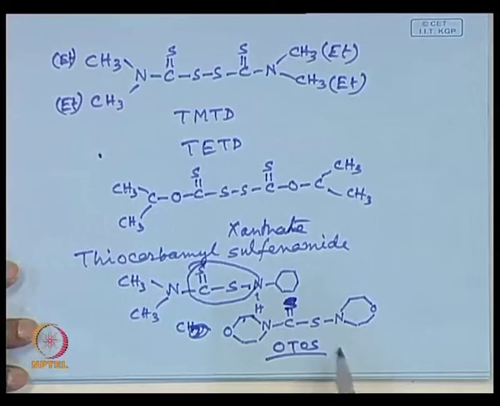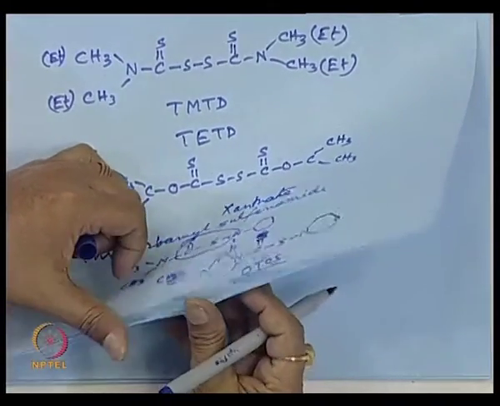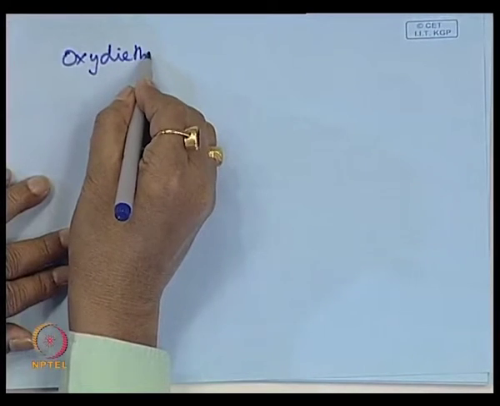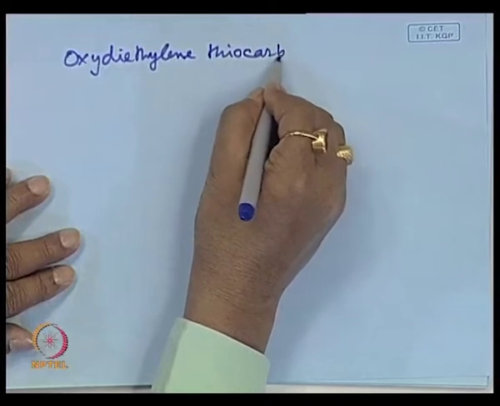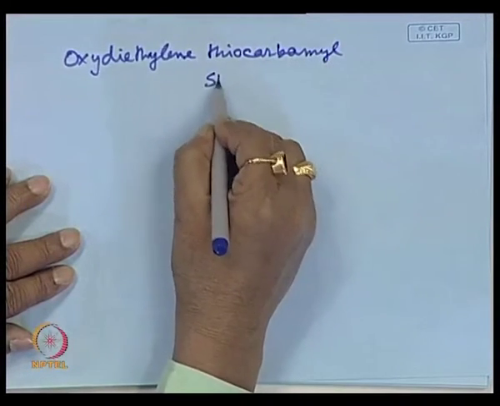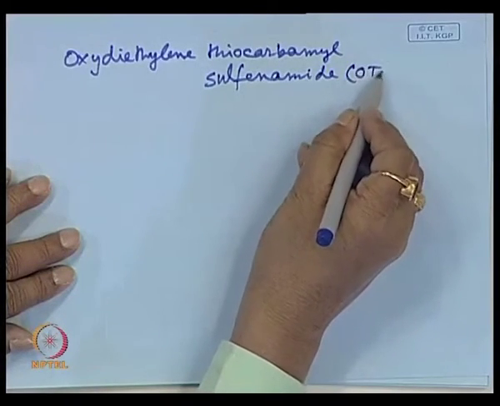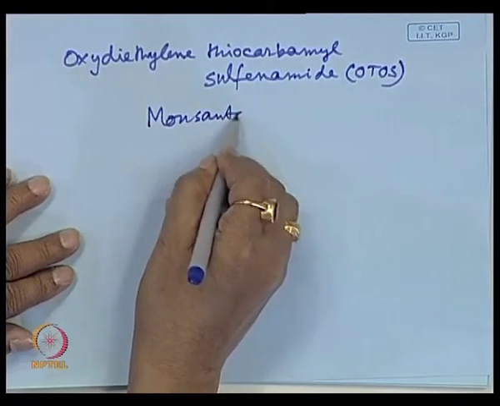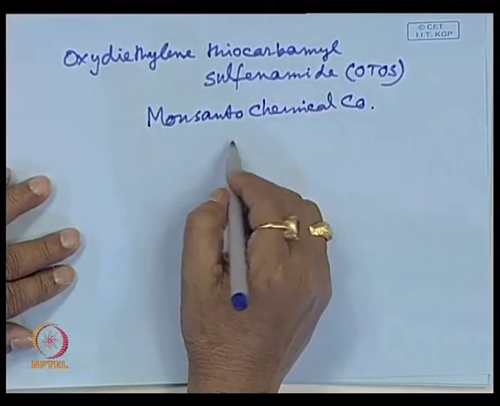It is a Monsanto chemical product, in the trade name Chloride 18.